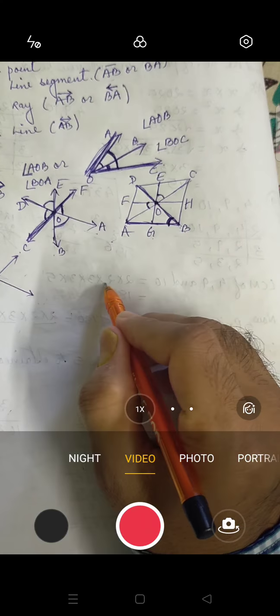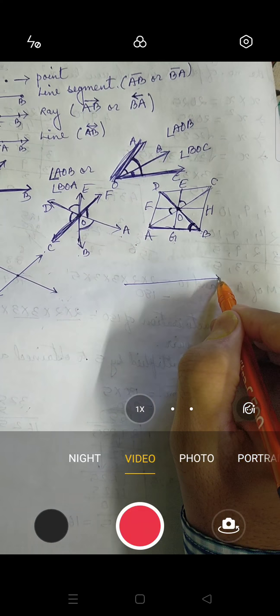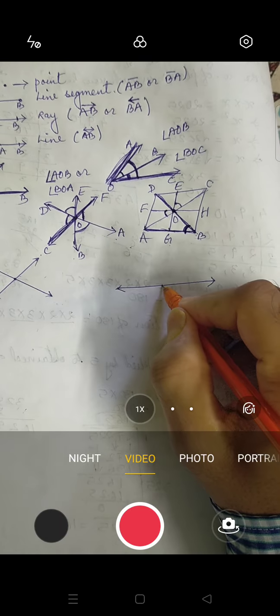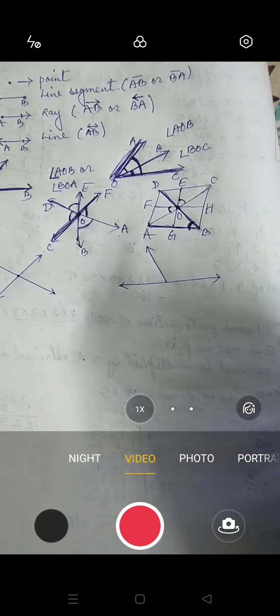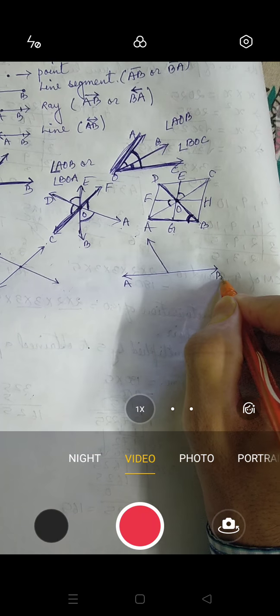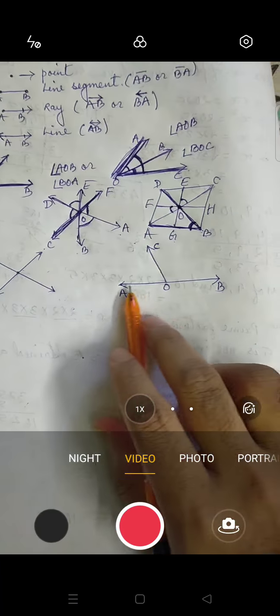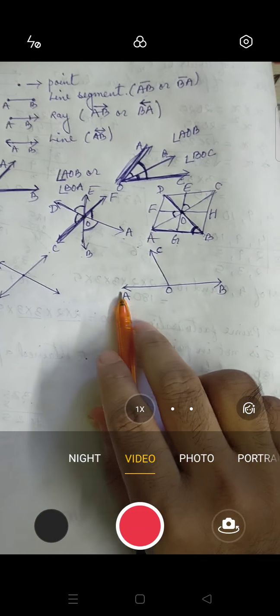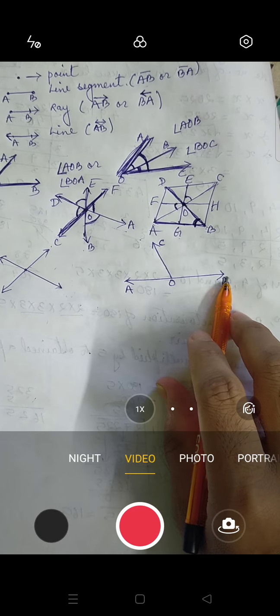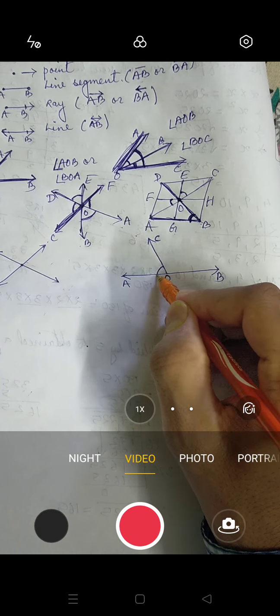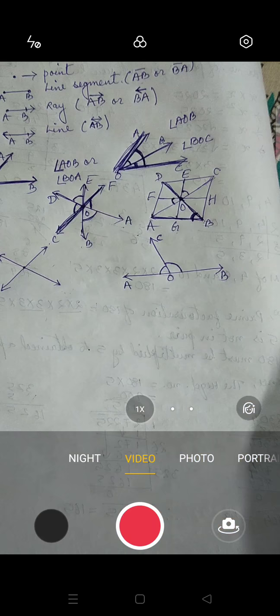Now remember, this is a straight line, and these things you have to remember by heart. If I draw a ray like this, let this be A, this is B, this is O, and this is C. Remember that if you have a straight line, then this angle and this angle, if you add, you will get 180 degrees.